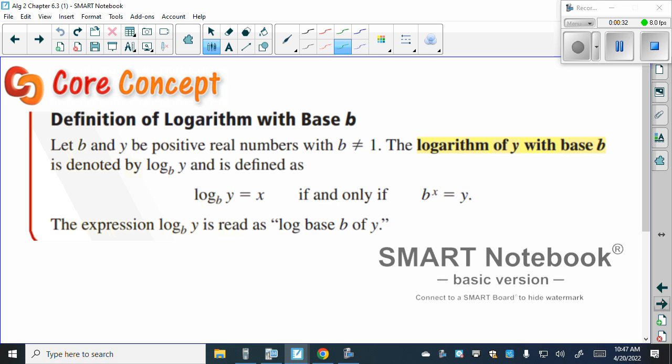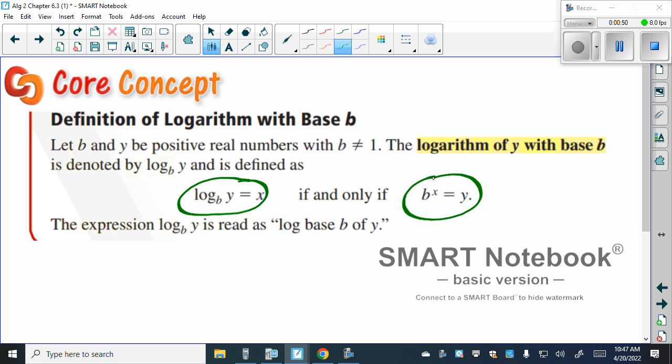Now, what we're looking at today is logarithms. Logarithms are the inverse of our exponential functions.